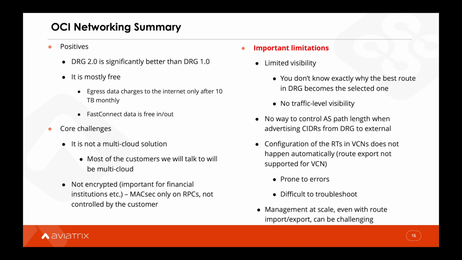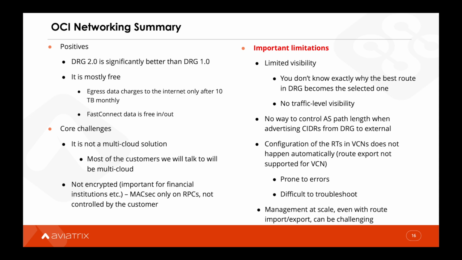You don't have easy way to control the route advertisement from the perspective of things like metric or AS path length and so on. So sometimes it might be difficult to guide your traffic the way you want it to, when it especially has to come from your data center into Oracle.